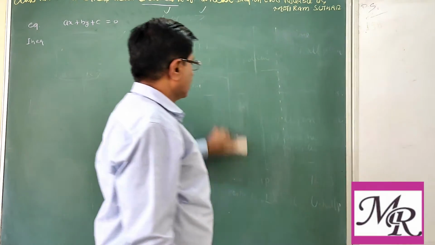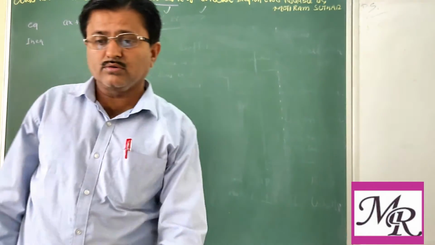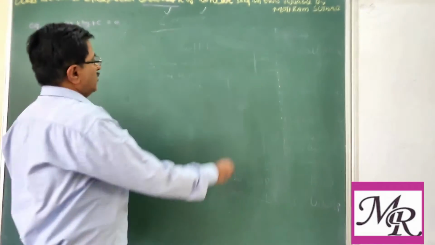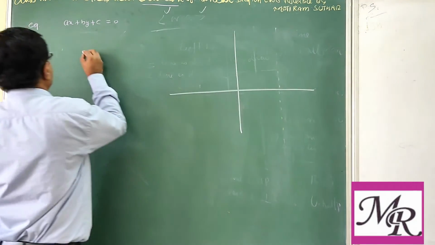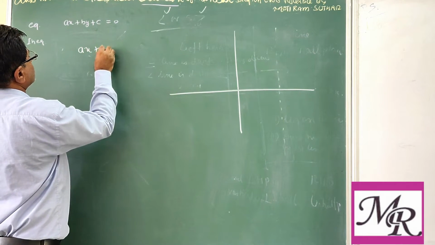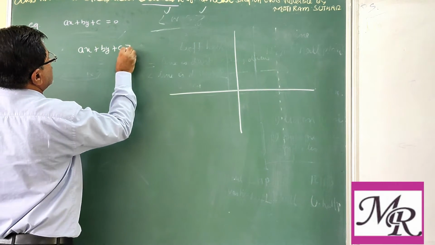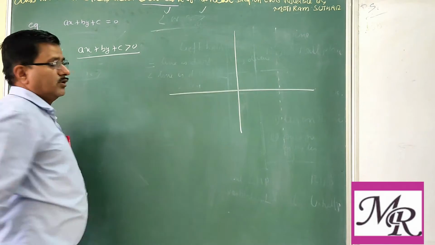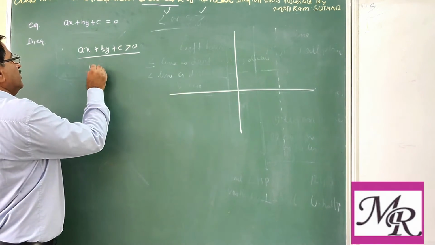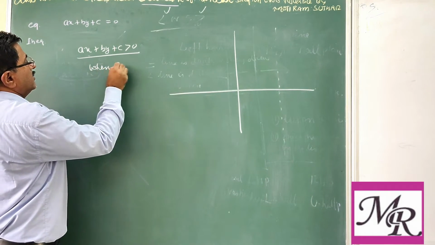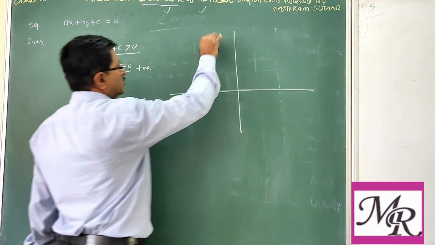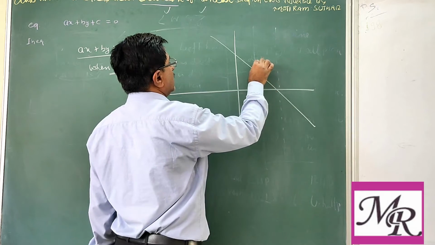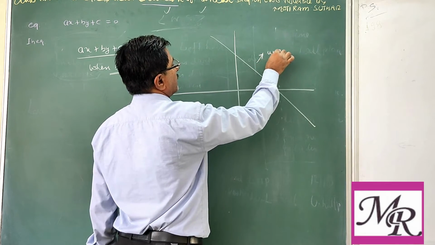Now see, we have a verification here also, but that is not in your syllabus. You can only see. Suppose we are given the line ax + by + c greater than 0, where b is positive, a may be any. When b is greater than 0, the solution will always lie on the upper half.